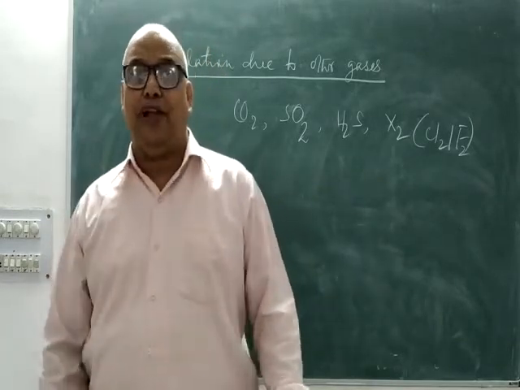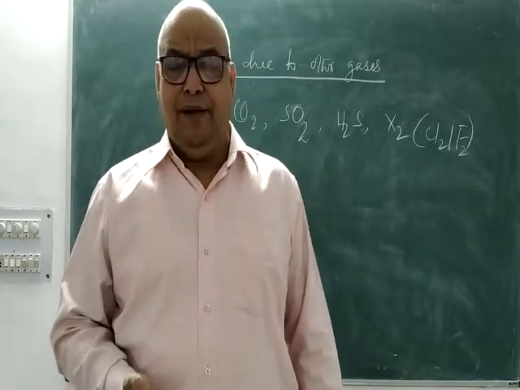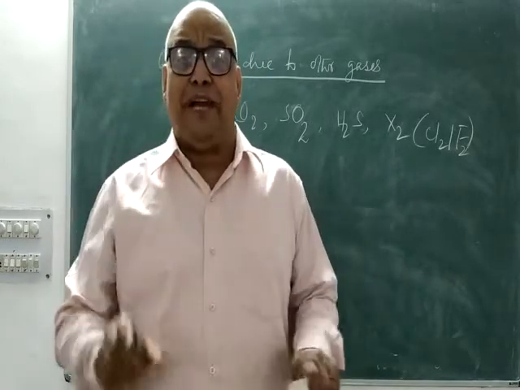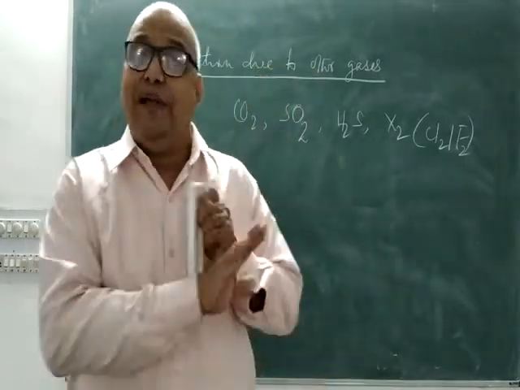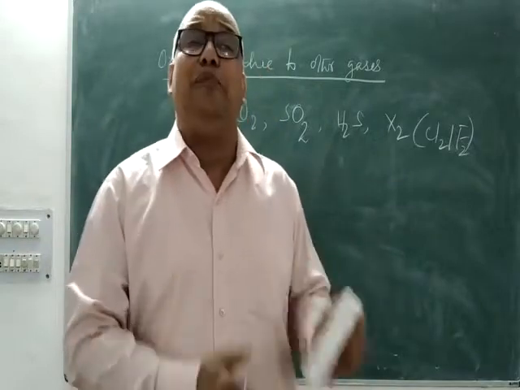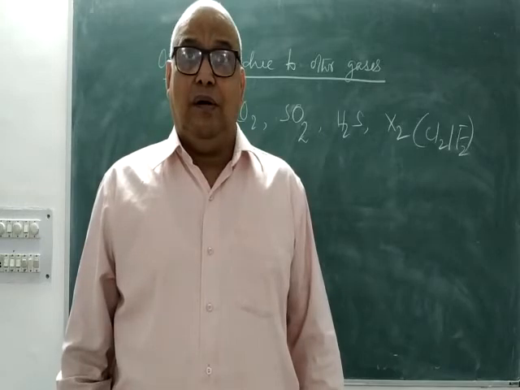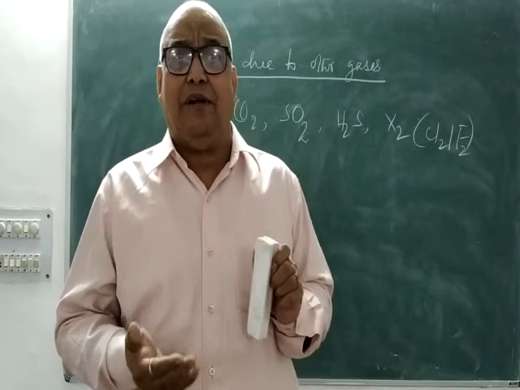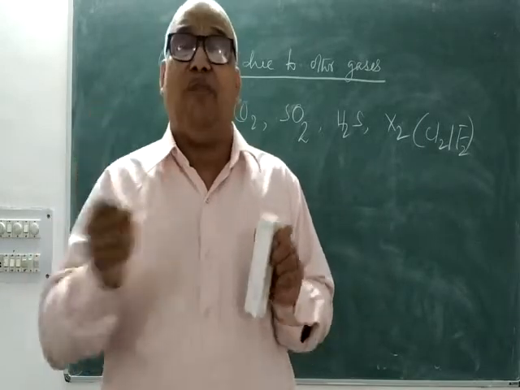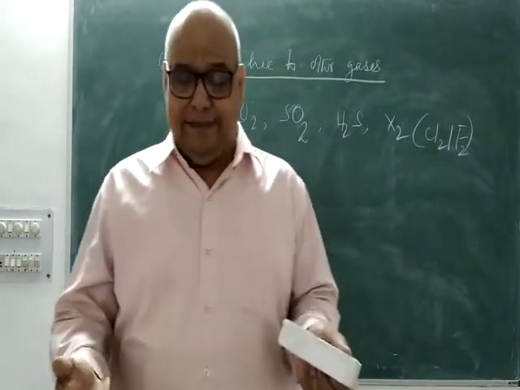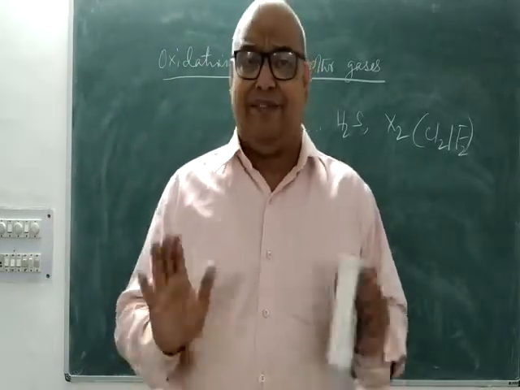One thing I would like to tell you very clearly: in case of oxidation due to oxygen, the layer produced on the metallic surface was termed an oxide layer, but here we will never call it an oxide layer because oxygen will not be involved. Therefore, the name of the layer will be based on the gas involved in this process. Such as, if chlorine is involved, the name of the layer will be chloride layer, like this.